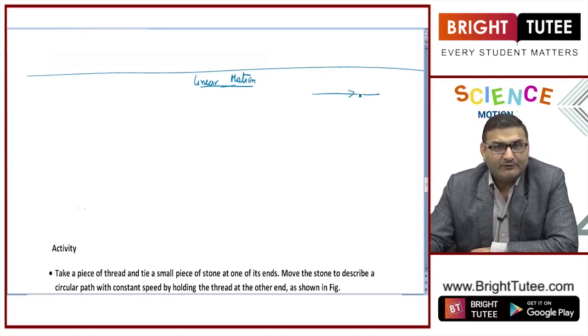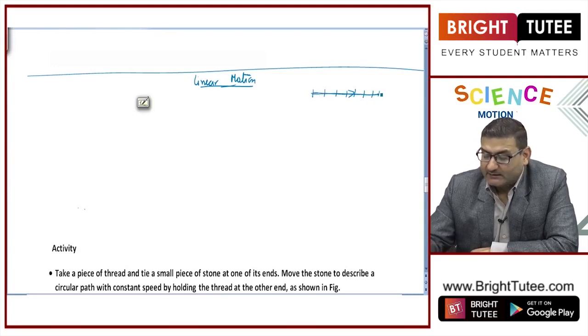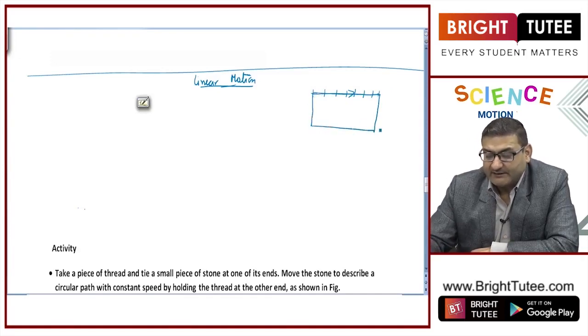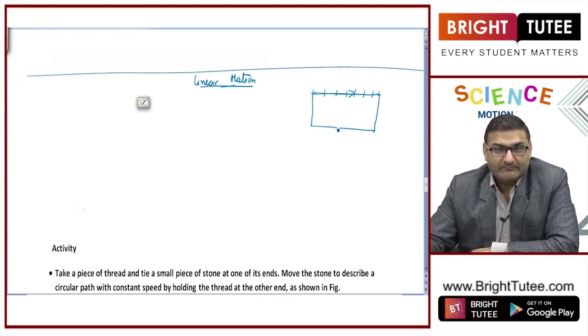In uniform motion, we have said that the body covers equal distances in equal intervals of time. Let us take one assumption that the body is traveling in uniform motion along this rectangular field.